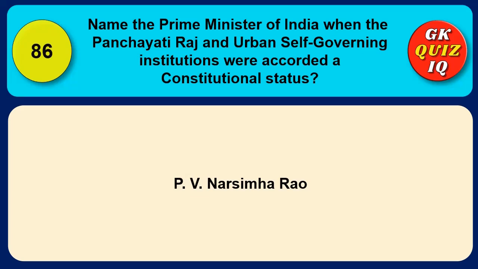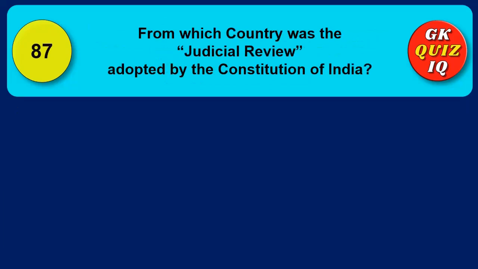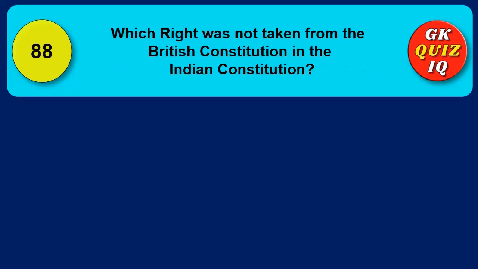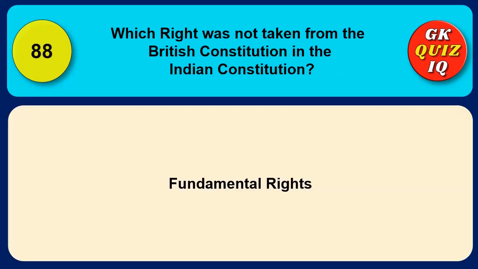P.V. Narasimha Rao. From which country was the judicial review adopted by the Constitution of India? United States. Which right was not taken from the British Constitution in the Indian Constitution? Fundamental rights.